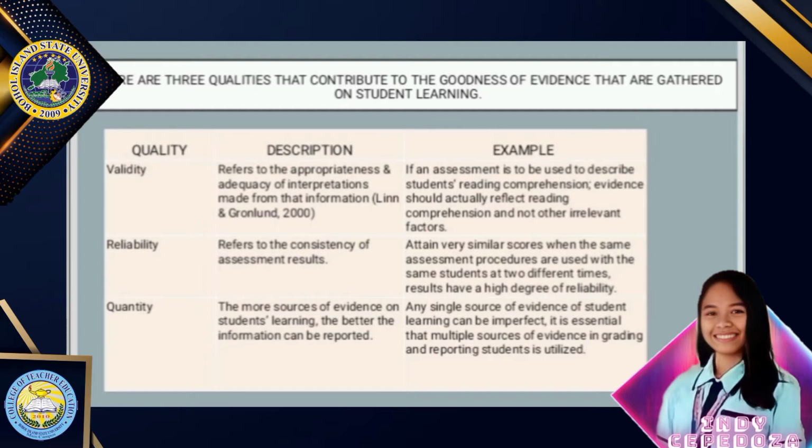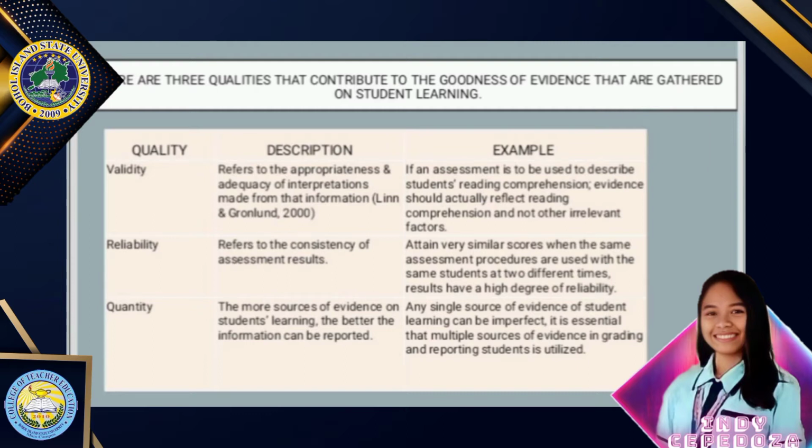For example, if an assessment is to be used to describe students' reading comprehension, we would like our interpretations to be based on evidence that actually reflects reading comprehension and not other irrelevant factors such as students' gender or background characteristics. So, in this way, validity is always specific to a particular interpretation or use.